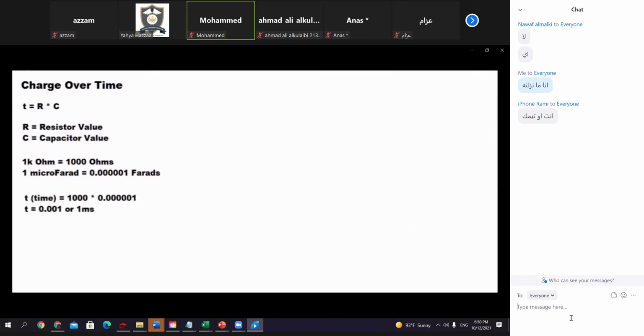To calculate the value of T, we multiply 1000 by 0.000001, so T equals 0.001 or 1 millisecond.